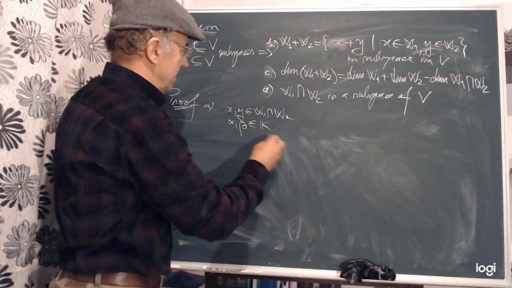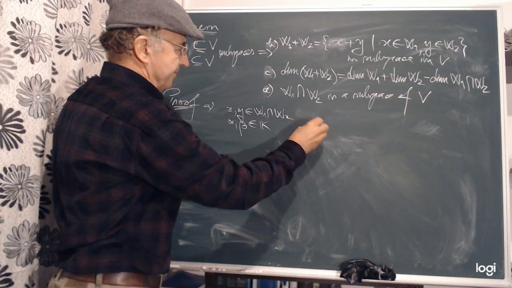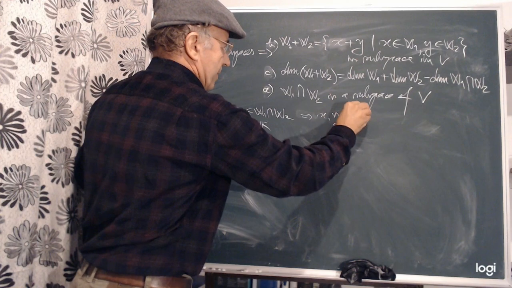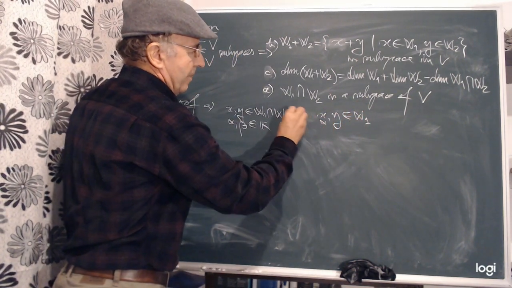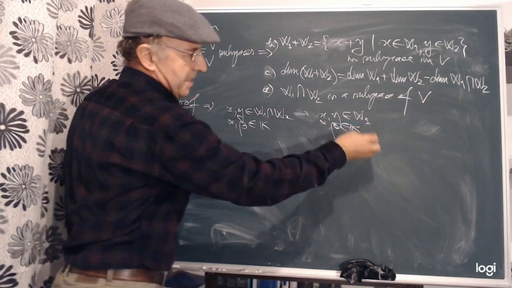From this, we get that x and y are from W1, and for alpha, beta from K, W1 is a subspace.